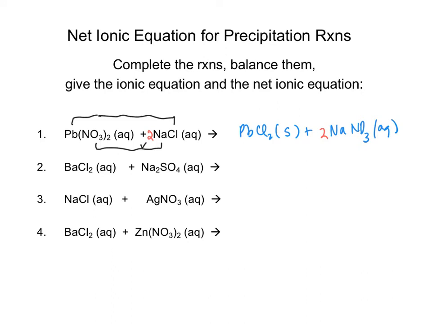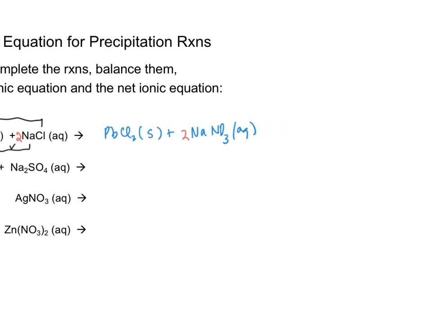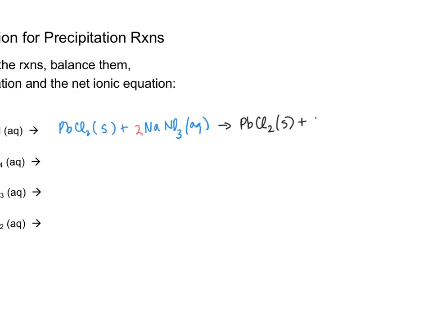Okay, so if we went ahead and wrote the net ionic equation for this one, usually you write them vertically. I'm writing horizontally because I'm writing on this slide here. If it's a solid, you're going to keep it together, and then it's going to break up as 2 sodium plus aqueous.